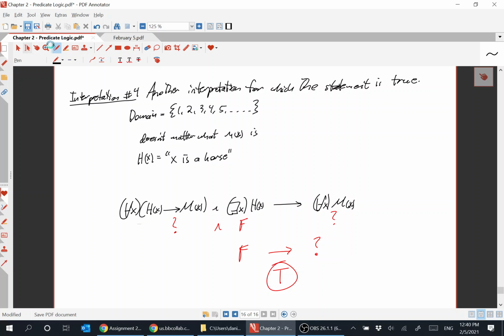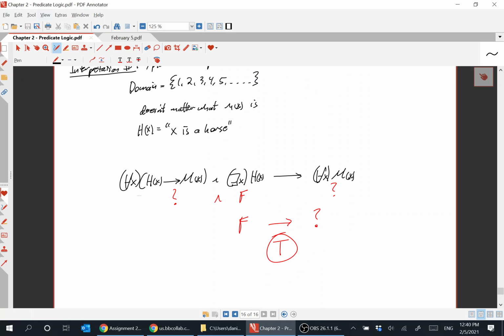So in general, it's more important to find interpretations under which abstract statements are false rather than true.